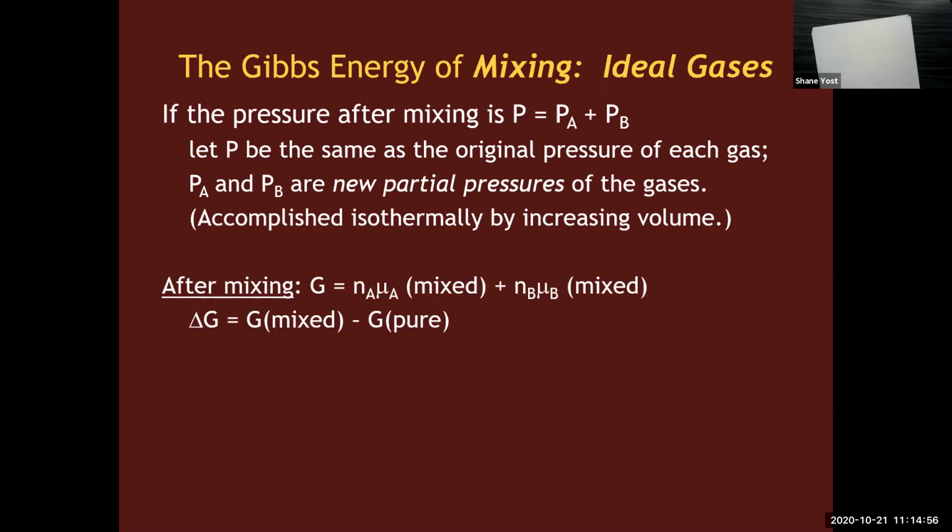And so then the energy change after mixing is just the number of moles of A, which is the same as the number of moles of B, times the chemical potential of the mixed species.